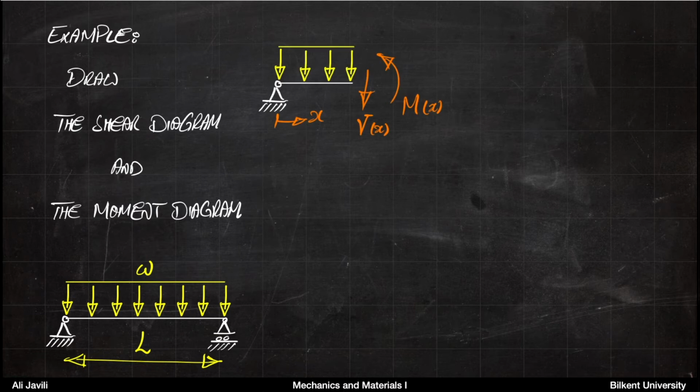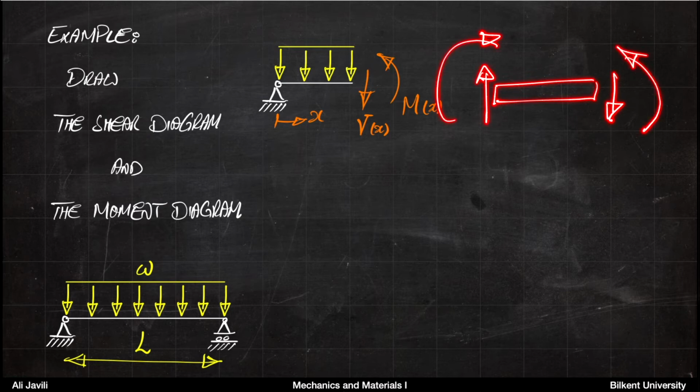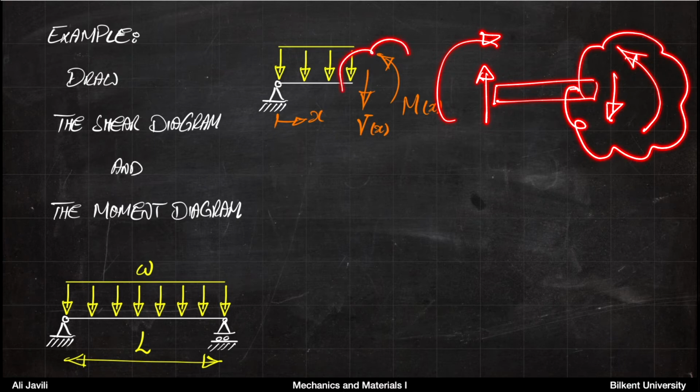The process is exactly as we had before. So again, you cut the member, you draw the internal loadings according to our plus convention, and our plus convention was this. So basically now we are cutting it such that this would be the right-hand side.